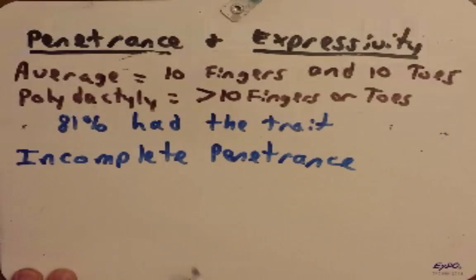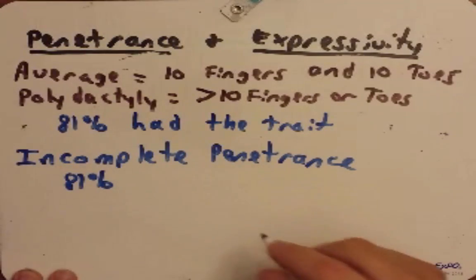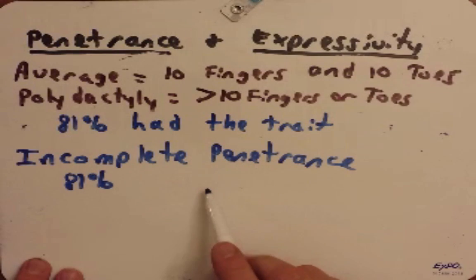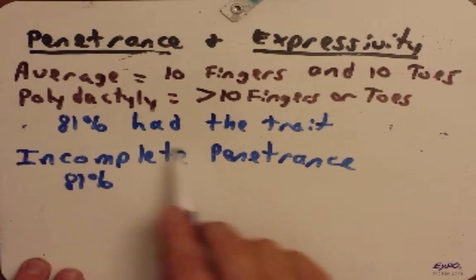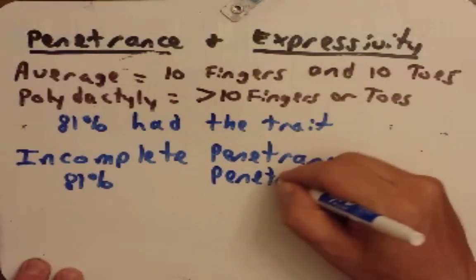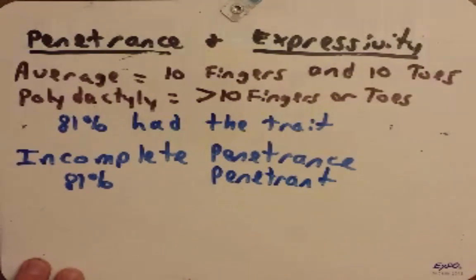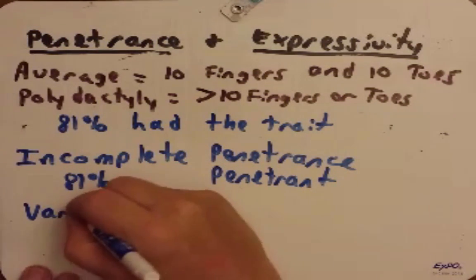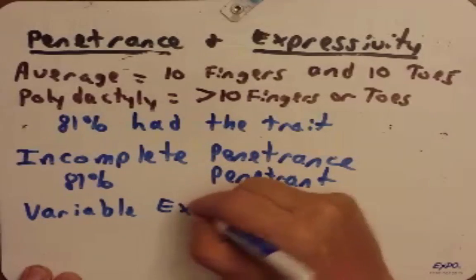In this particular case, we could say it's 81% penetrant, but sometimes you don't know the exact percent. You just know that within any given population it's not going to be 100%. So we would say it's 81% penetrant if you know the number. If you don't know the number, you say it's incomplete penetrance. And in this particular population we've described, we would say it has variable expressivity.